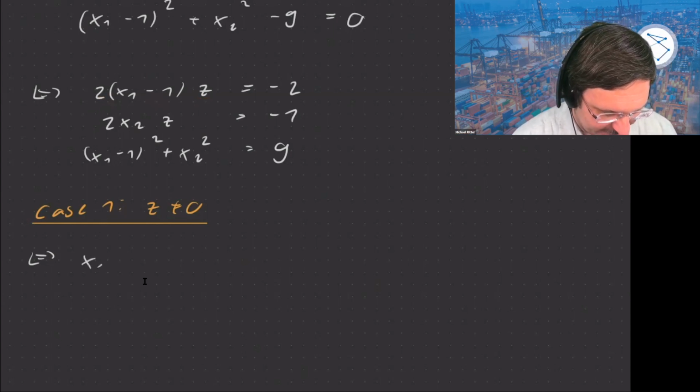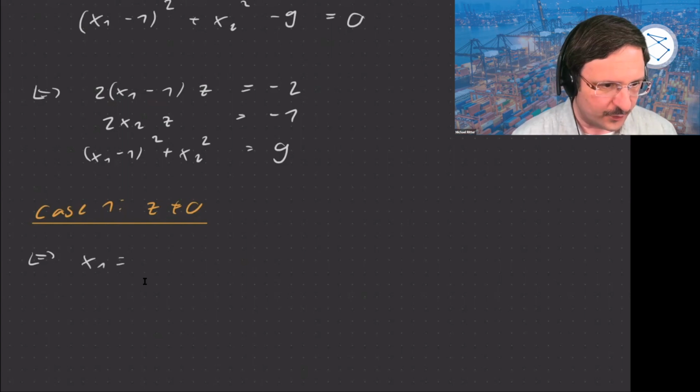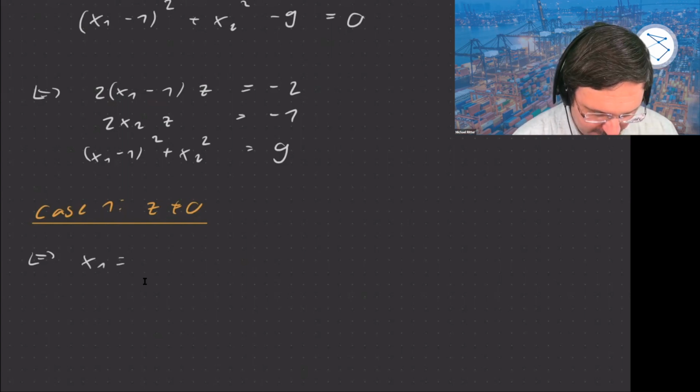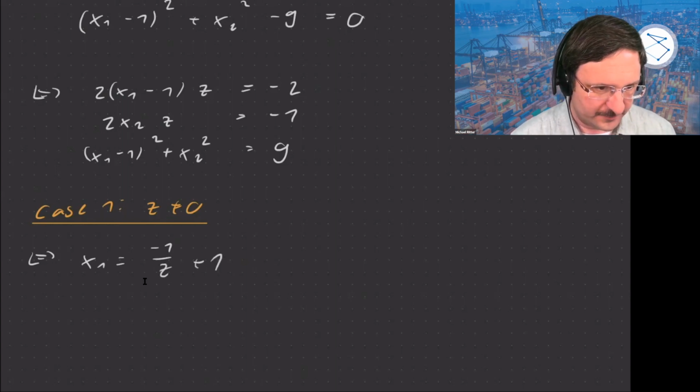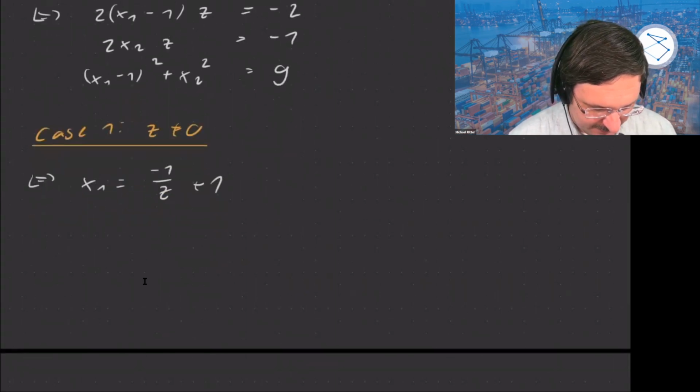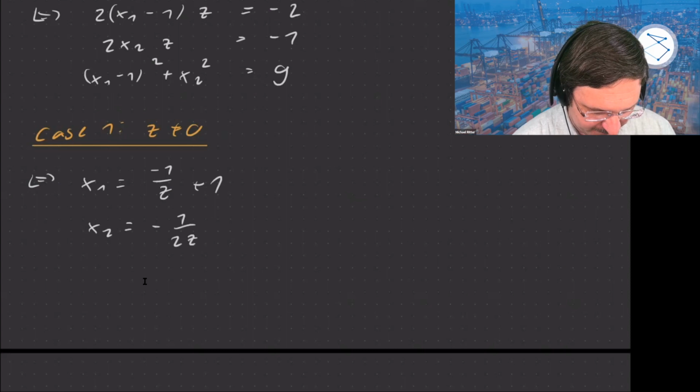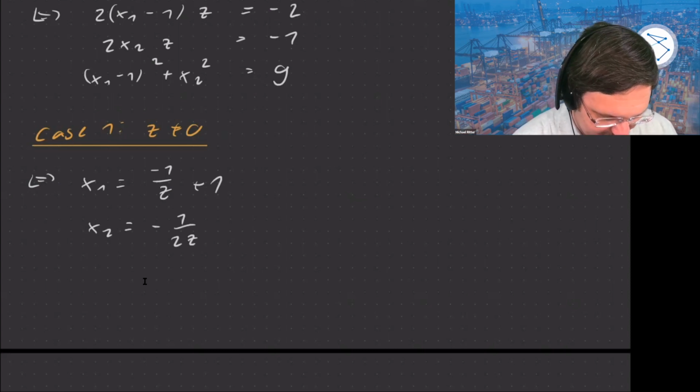And that means for x1, we get minus 1 over c plus 1. For x2, we just divide by 2c, so we get minus 1 over 2c. And we just keep the third equation as it is.